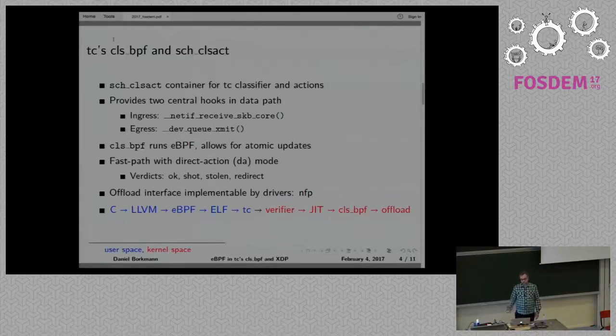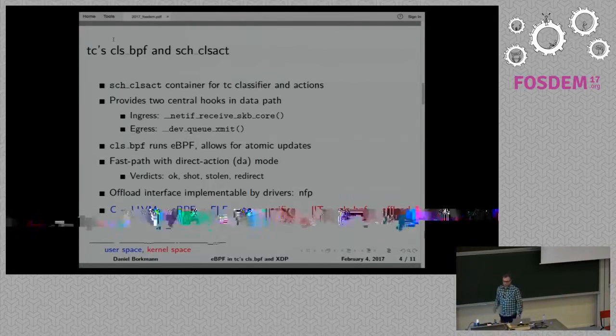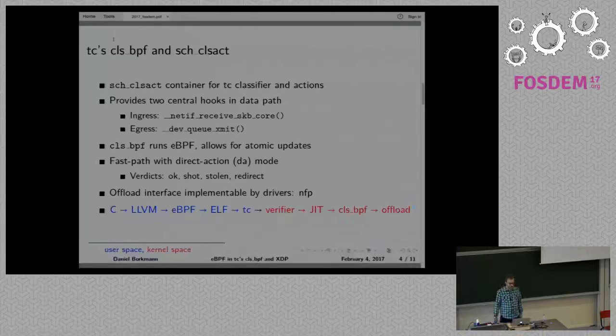In that case, what we want to attach is, of course, cls_bpf. There are two central hooks where this shared clsact qdisc can attach, which are the ingress and the egress hook. So they are really central places where every packet has to go through from the RX and TX side.